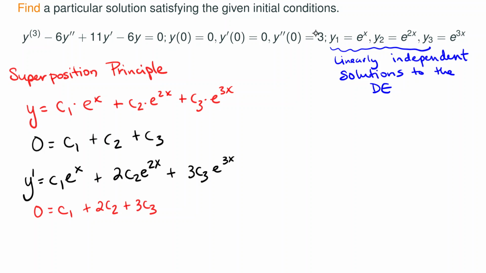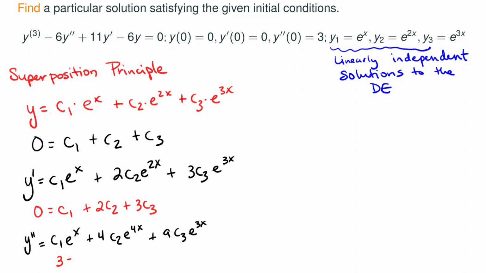Now our final initial condition needs the second derivative. And whenever we input 0 here, we get the result of 3.